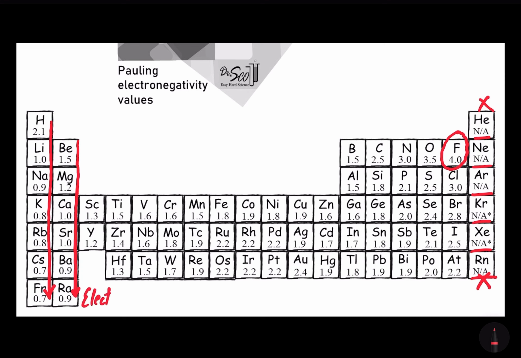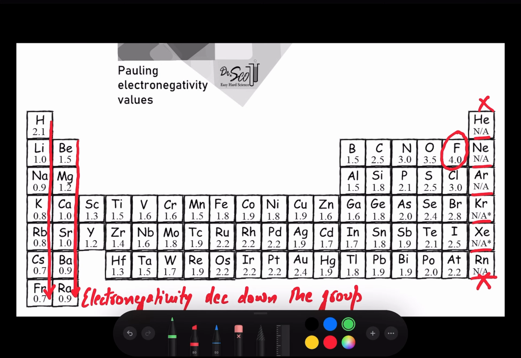I am writing, electronegativity decreases down the group. Now let's talk about the period. Now in the case of a period, when we are moving from left to right, you can see that the value is increasing.